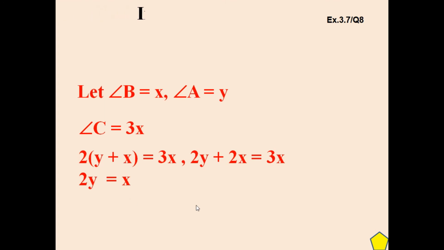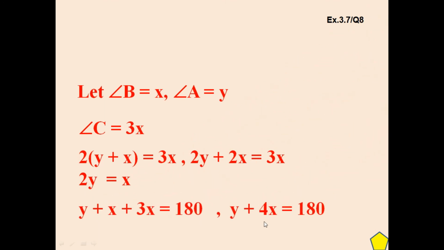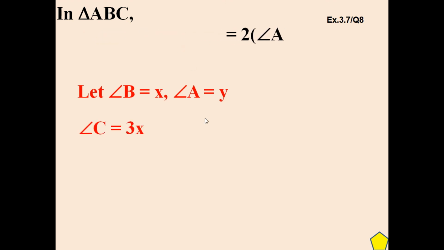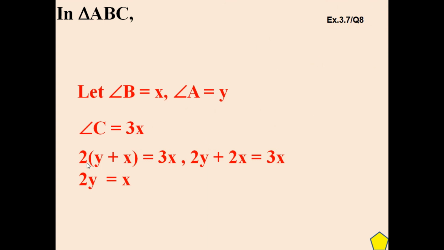And because it was a triangle, therefore, the sum of the angles. The interesting part over here was that since twice angle A plus angle B was equal to thrice angle B, hence when we compare the second and third part, we get twice y plus x, because we took angle A as y and angle B as x, which is equal to thrice angle B, which is 3x, and we got this equation.